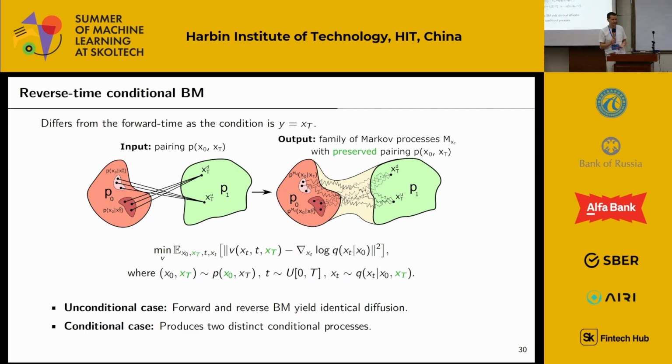Yes. Well, it's a very interesting question, why it generalizes to some extent. I don't know. It just works. It looks like it's sufficient sometimes to have just one point from the conditional target distribution to generalize.